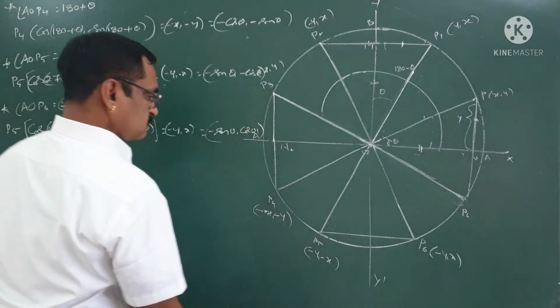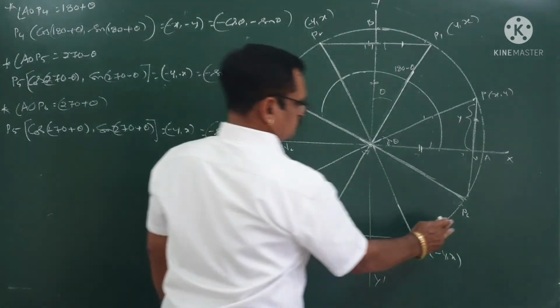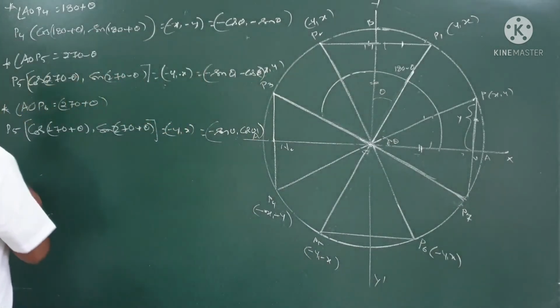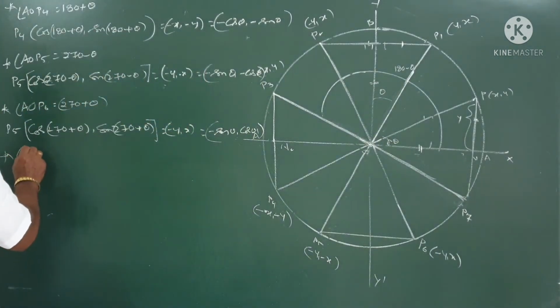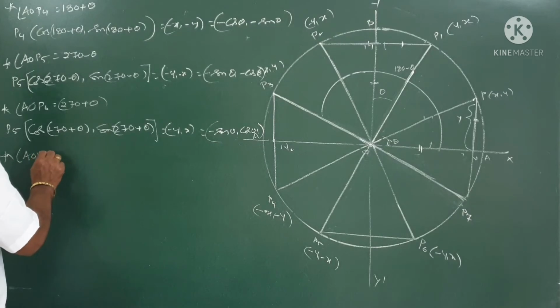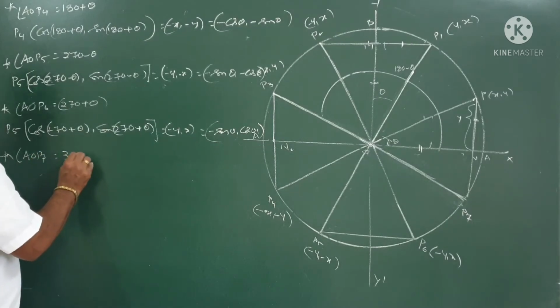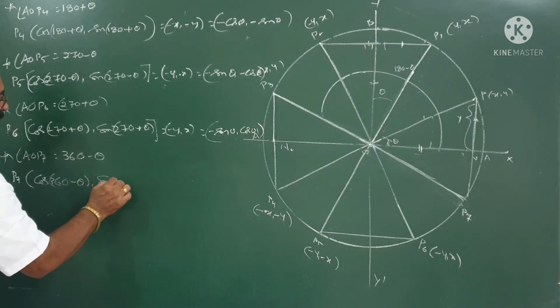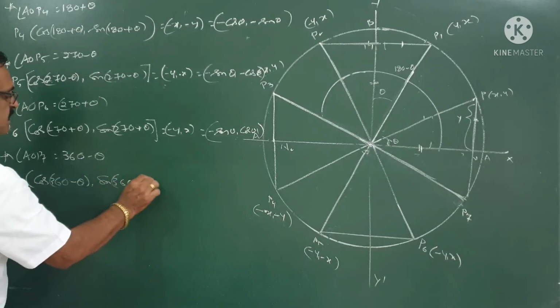And finally, I go to this angle. This is P7. Angle AOP7 is 360 minus theta. So P7 coordinates are cos of 360 minus theta and sin of 360 minus theta.